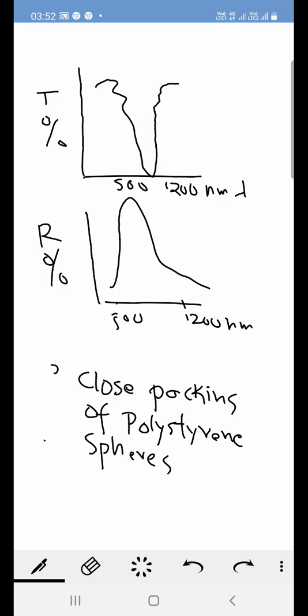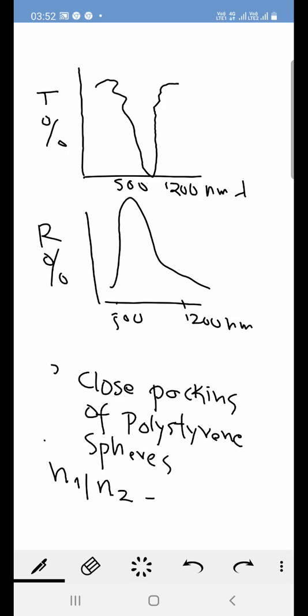As I said, there are two refractive indices, N1 and N2. If the ratio between them is large, it has to be maintained large, so a proper shape of building blocks needs to be maintained.